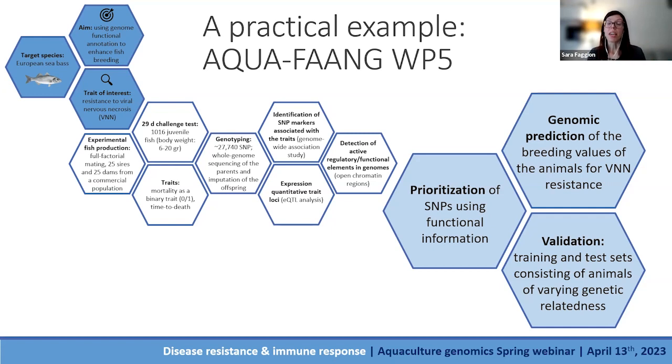So we would like to see if incorporating this functional information can help the prediction equation to be more accurate, even if we are trying to predict animals of a different generation. For example, our reference population is the first generation. We would like to predict animals of the second, third, or fourth generation, or of another population. So this is really important.